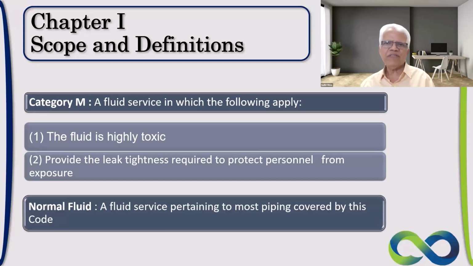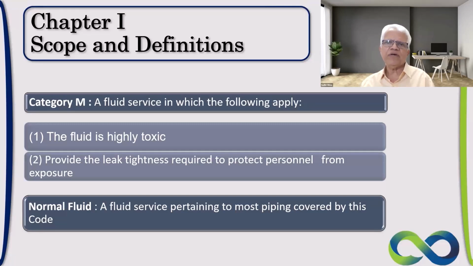And normal fluid is the one which does not fit in either of the two categories covered above. Normal service covers most piping; it is neither Category D nor Category M. After consideration of the piping design, experience, service conditions and location, the owner determines whether the requirements for normal fluid service sufficiently provide the leak tightness required to protect the personnel.